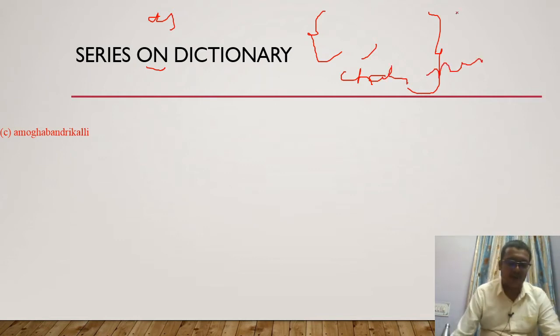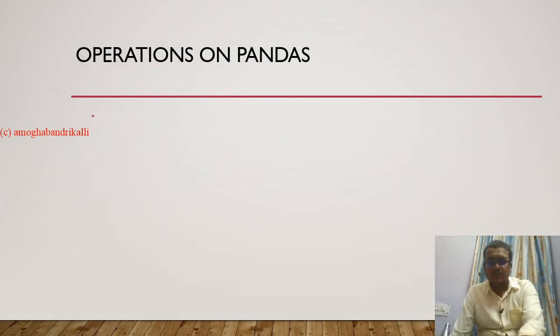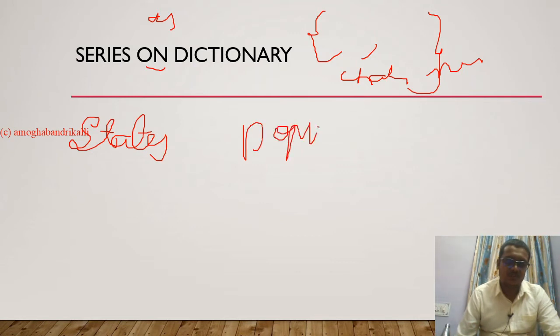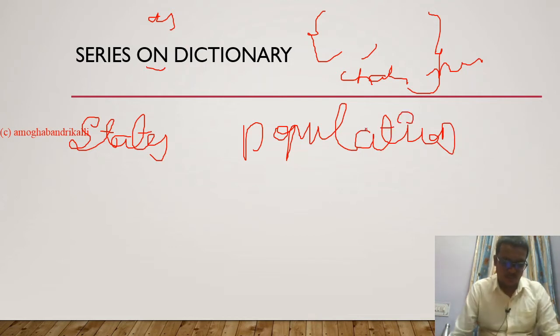So how do we handle this? For this example, we are taking the names of states and their population.